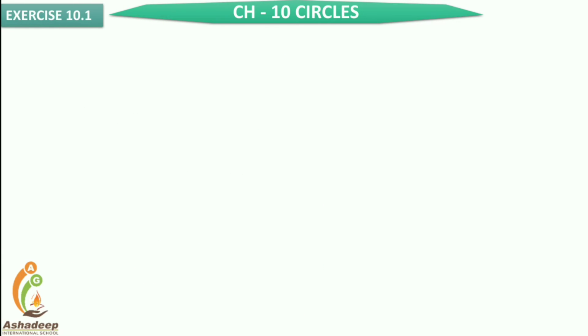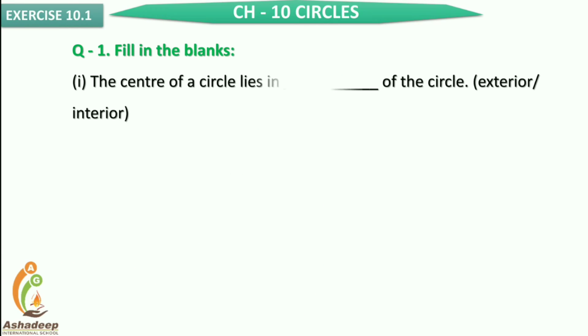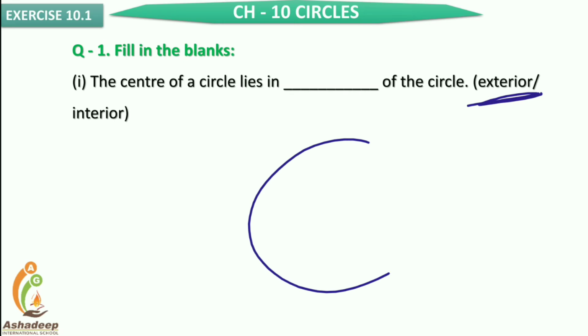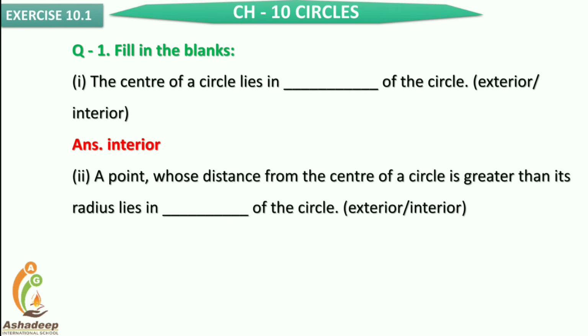Now exercise 10.1, fill in the blanks. The center of a circle lies in the interior or exterior of the circle. It is very simple. It is the interior of the circle, because where is the center? It is on the inside. So the answer is interior.